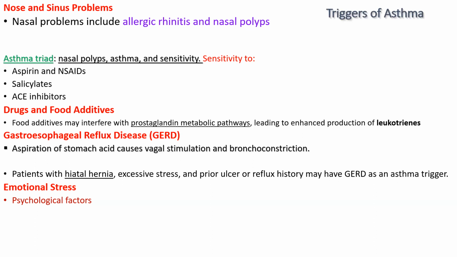So when patients develop the asthmatic attack due to the GERD, that usually takes place during the nighttime, nocturnal asthma. Emotional stress, psychological factors can worsen or ameliorate the disease process. So any trigger can produce panic or anxiety, which are unexpected during the attack.